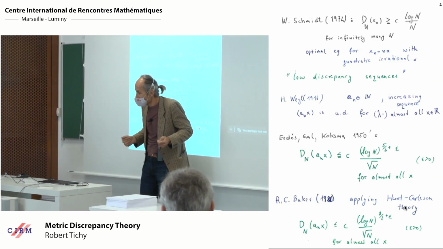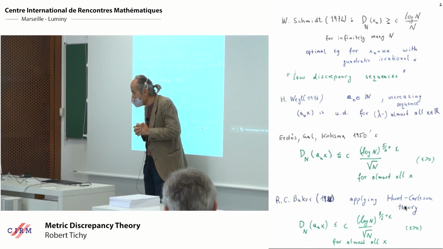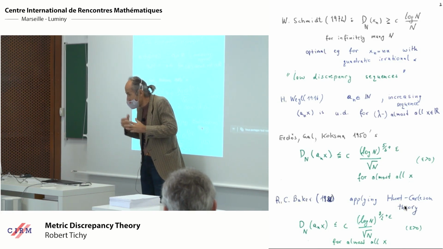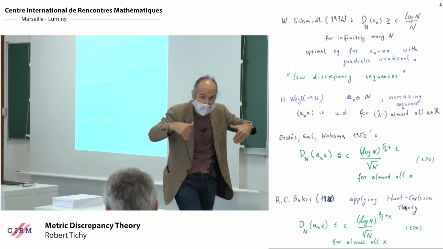They only considered variances and achieved this discrepancy bound here, written in green. So for almost all x, one could get a bound power of a logarithm over square root of n.